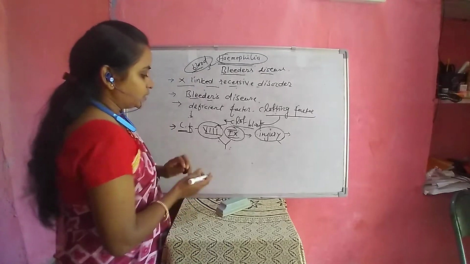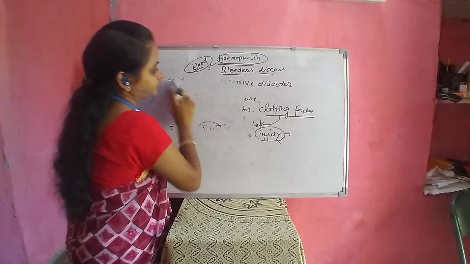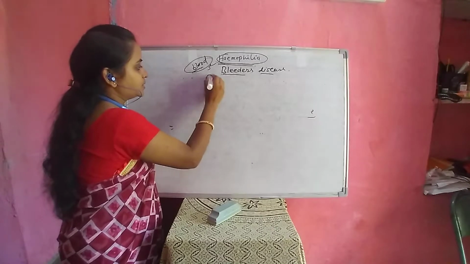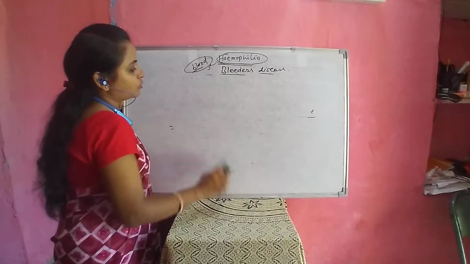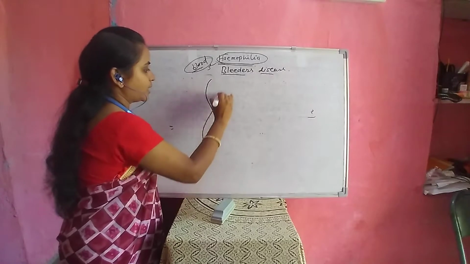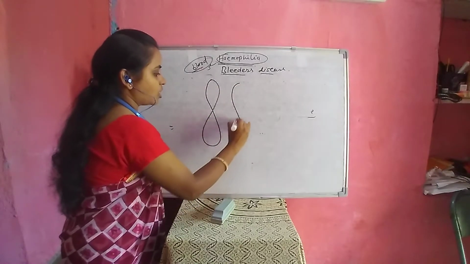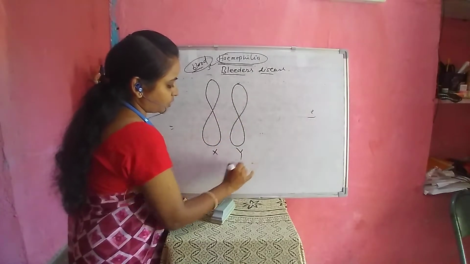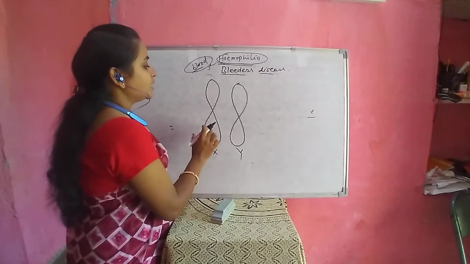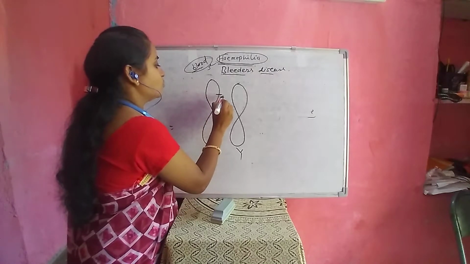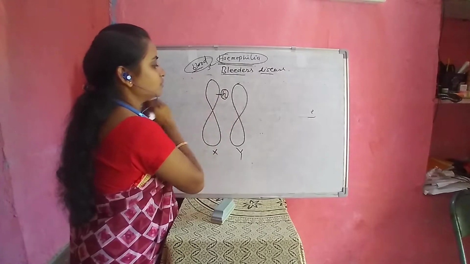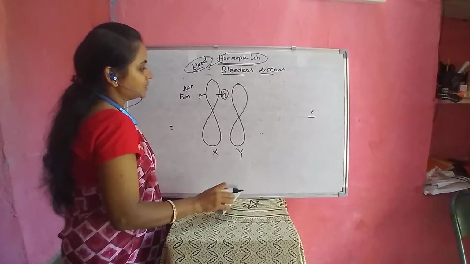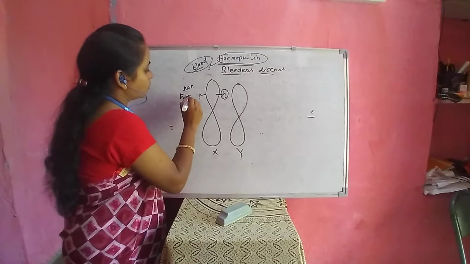Okay. The second important thing is that the gene is present on the non-homologous region of the X chromosome, which does not correspond to the Y chromosome. This is the X chromosome and this is the Y chromosome. These are the sex chromosomes, and on the X chromosome the hemophilic gene is present in the non-homologous region.